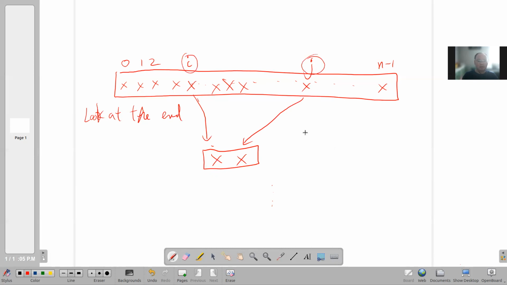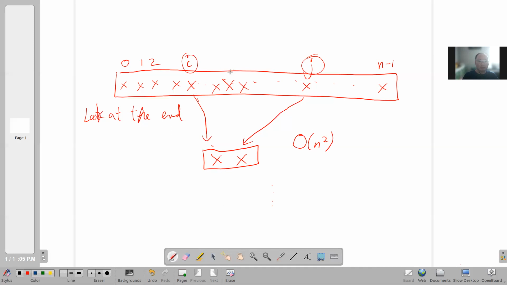So what we're going to do is basically an n squared loop to try all possible things with the last two elements. But why do we care about this? Why do we look at the last two? If these two are really the last two that are left over, what does that mean?